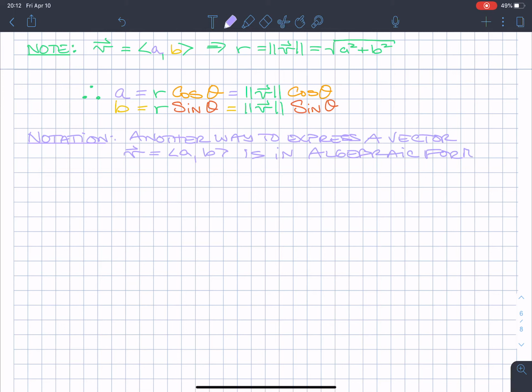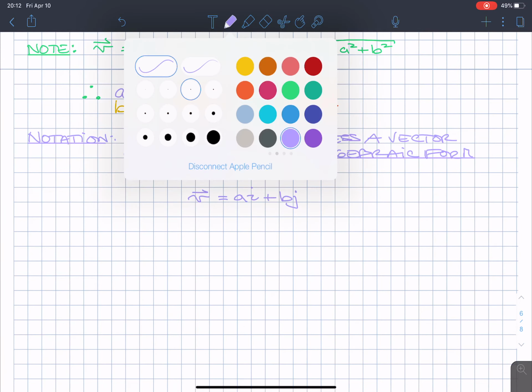So let me underline that. Given by, vector v would be a times i plus b times j. This is the algebraic form of a vector.